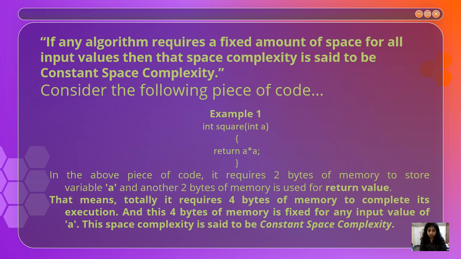In the above piece of code, it requires 2 bytes of memory to store the integer a and another 2 bytes of memory to store the returned value. This means that totally it requires 4 bytes of memory for the execution, and this memory is fixed for any input values. This space complexity is said to be constant space complexity.